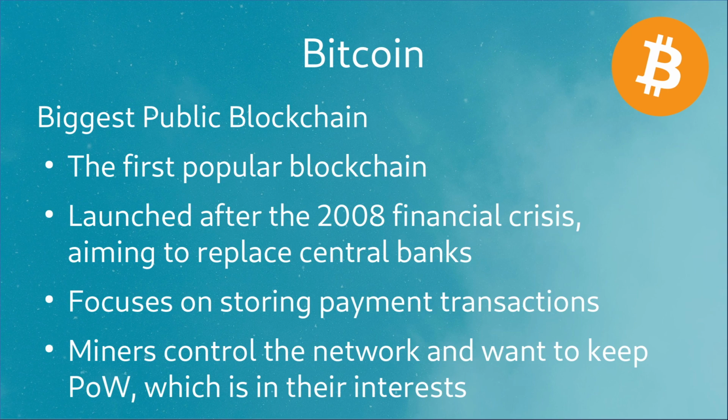If the miners were to decide to convert to a proof of stake consensus mechanism, then their hardware would become obsolete and they would have to share the rewards with other people. So it is not in the miners' interest to switch from proof of work to proof of stake. That's why Bitcoin in the foreseeable future will keep using proof of work, though proof of stake is often considered to be a better consensus mechanism for a blockchain.